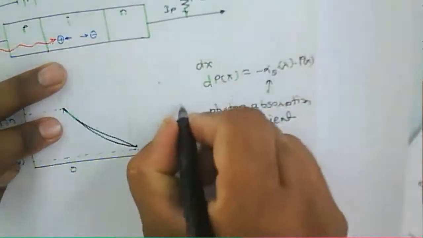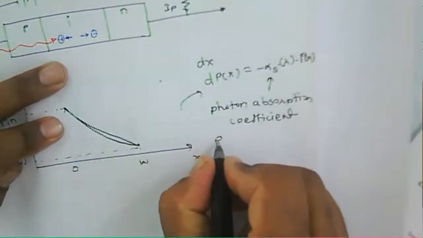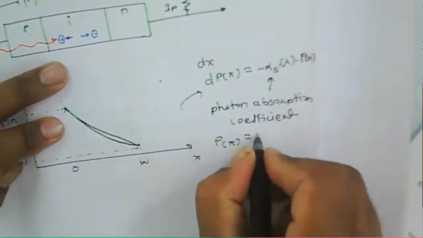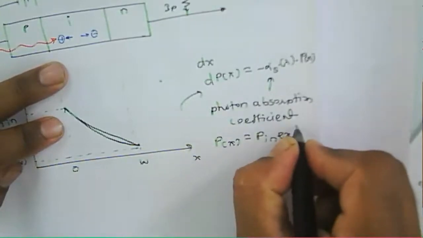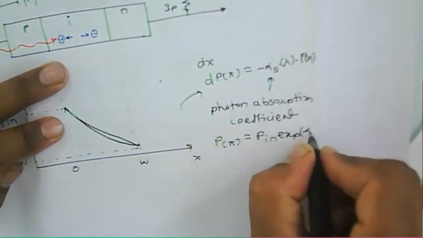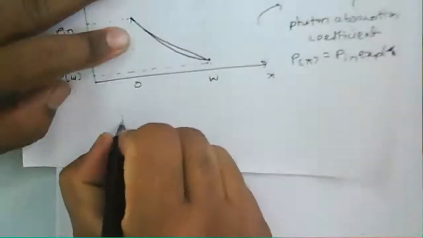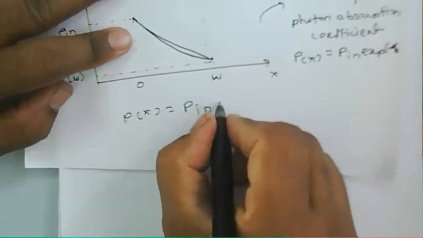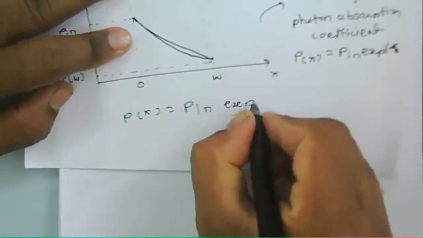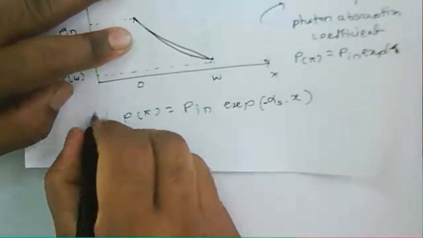So now if we integrate this equation, we'll get P of x is equal to P in exponential of minus alpha s times x. I will write here P of x is equal to P in times exponential of minus alpha s into x.